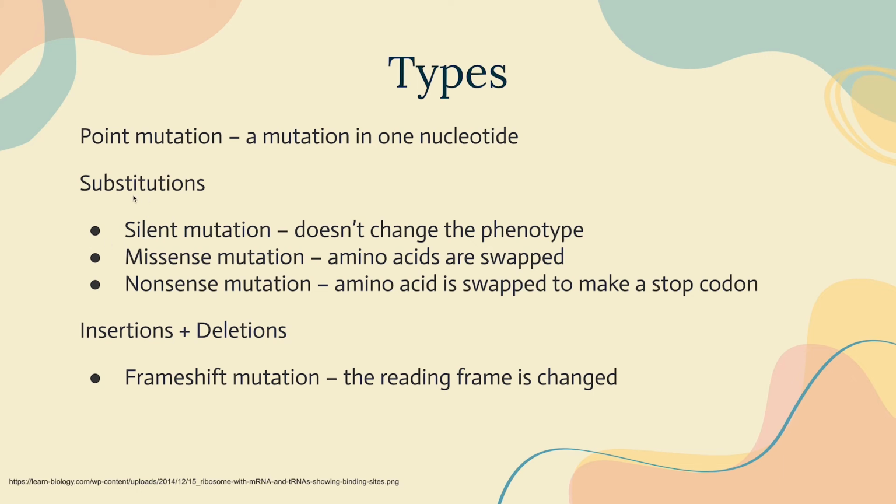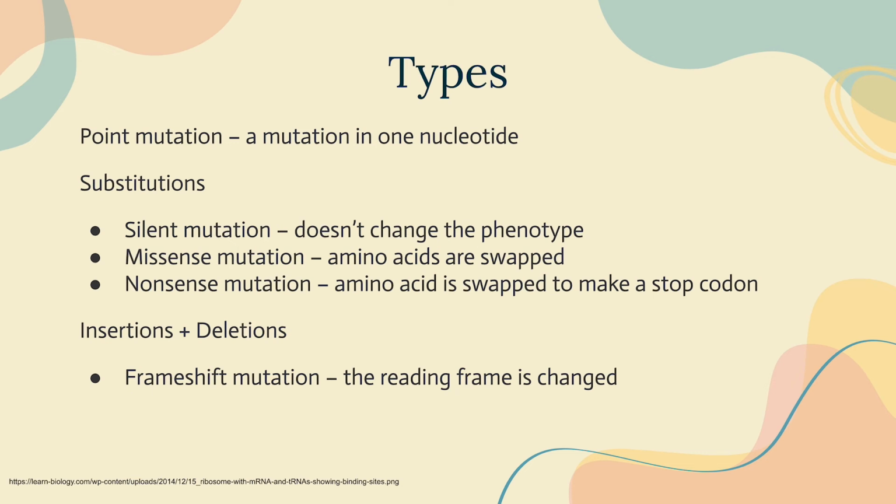A substitution is when you just substitute one nucleotide for another nucleotide, and it could cause a silent mutation, which doesn't change the phenotype of the organism. If you think about the wobble position from earlier, the wobble position makes it so multiple different codons code for the same amino acid.